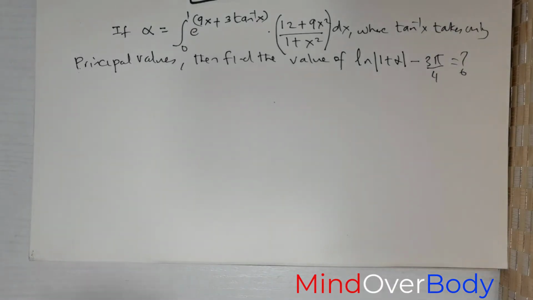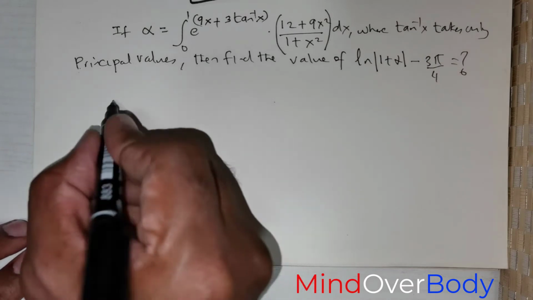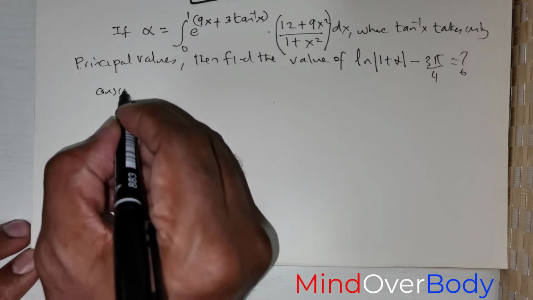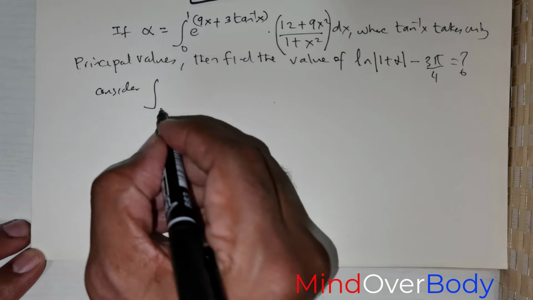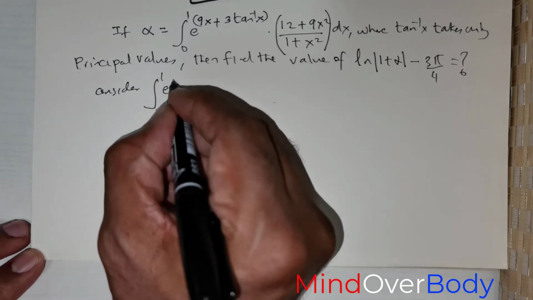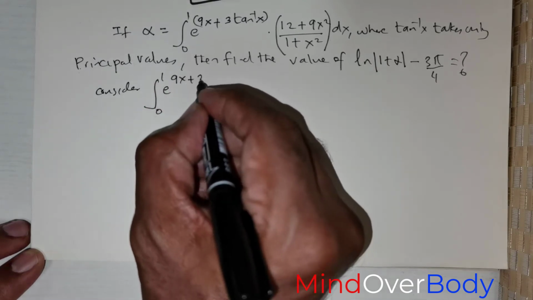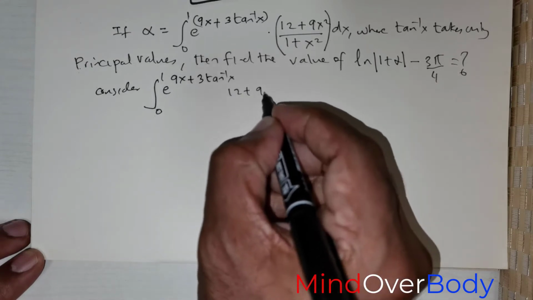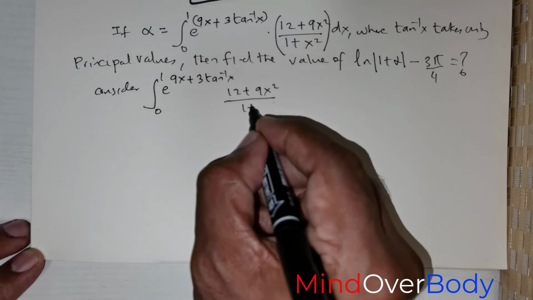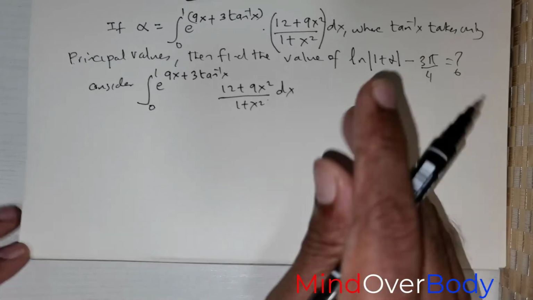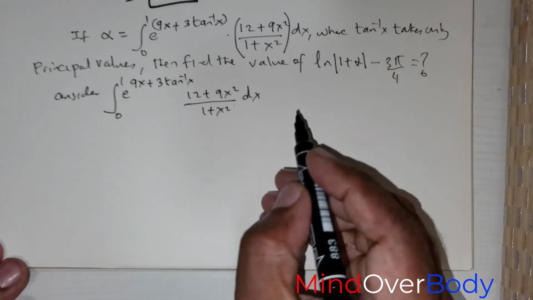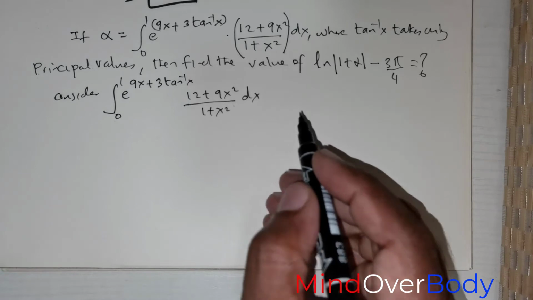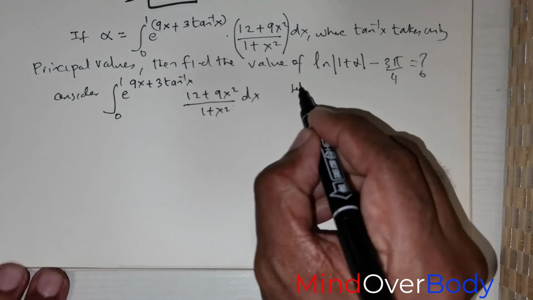So foremost, what I wish to do is consider the given question. Consider integral 0 to 1 e raised to the power of 9x positive 3 times tan inverse of x, times 12 positive 9x squared divided by 1 positive x squared, times dx. Then I will use the technique of substitution. So I'll start off like this.